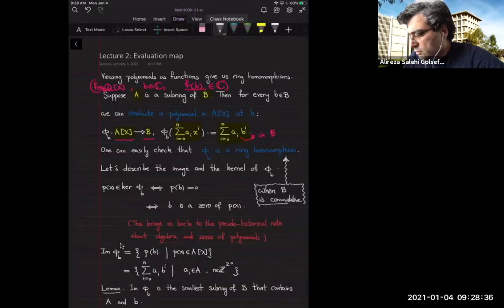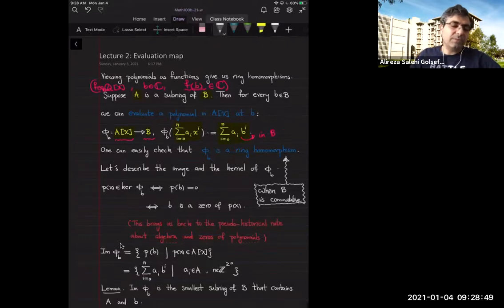You might be able to easily see it because in the ring of polynomials, we are assuming that our indeterminate x actually commutes with coefficients a sub i. And so we do need the same for elements of B. This is one way of thinking about it, but in general, in this course, we will be focusing on unital commutative rings. So maybe you can just avoid thinking about non-commutative rings at this point.